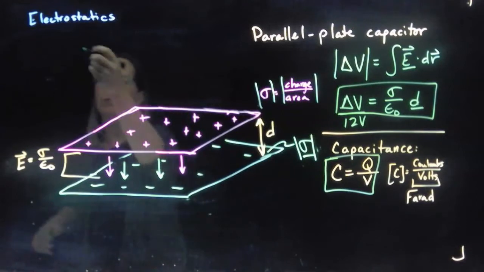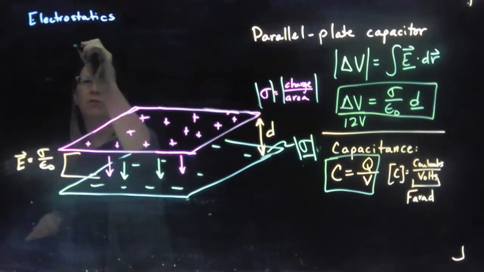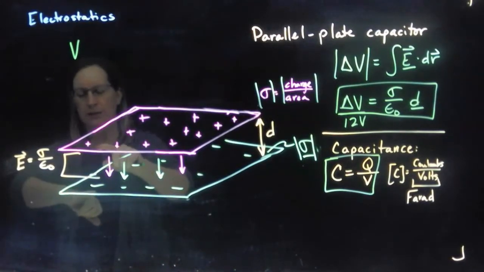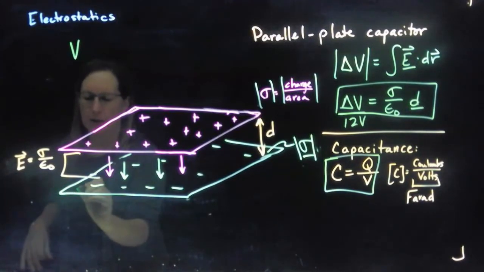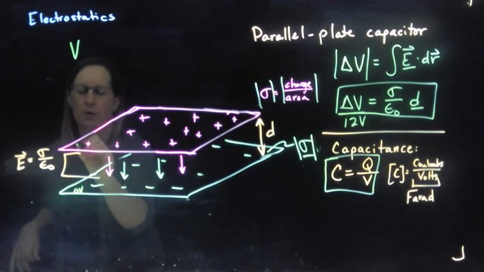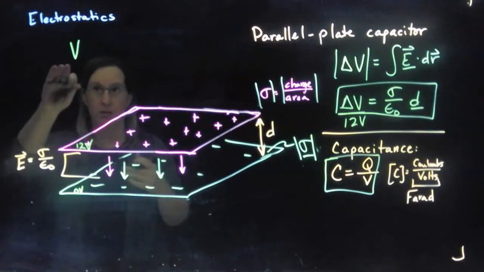And so we're going to say the voltage, when I write voltage, it's really presumed that's the difference in voltage between here and here. Typically, if we have this one, say, at 0 volts and this one at 12 volts, then we would say 12 volts is our voltage difference here.